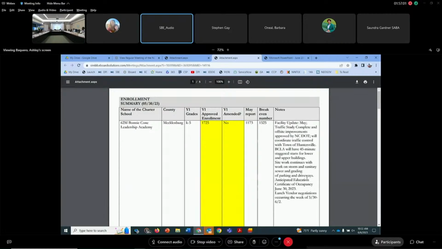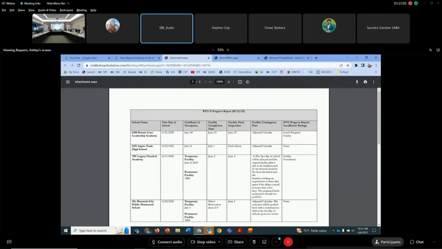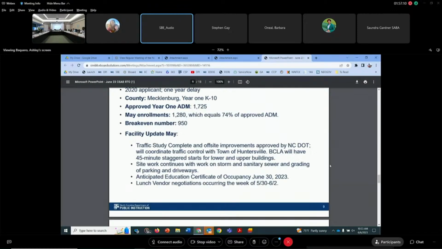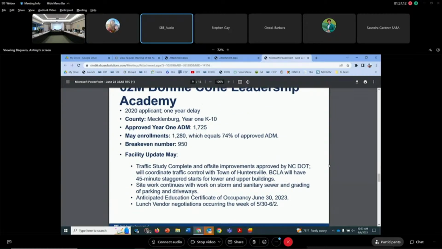Big difference. 950 is right; 1525 was the original year one ADM. Okay, but I'm just pointing it out before anything is submitted to the state board, that it's showing break-even at 1525. Yes. And the other one, again, is more clerical, is showing final facility inspection. Okay, so that's fine, never mind that first data point.